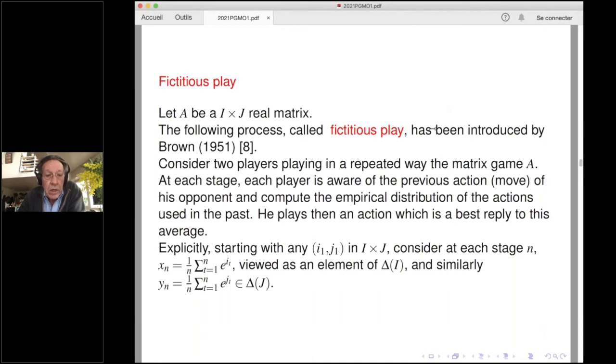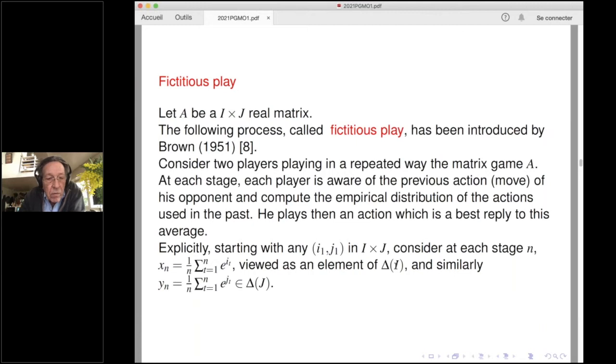At each stage, each player is aware of the previous action of his opponent, but he looks at the average behavior of his opponent. Okay? And then he plays an action which is the best reply not to the previous action of his opponent, but to the previous average of his opponent. Okay, and this is basically the fundamental idea of Brown.